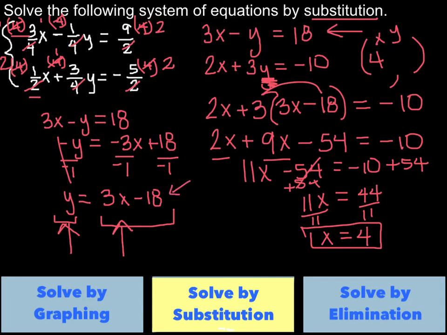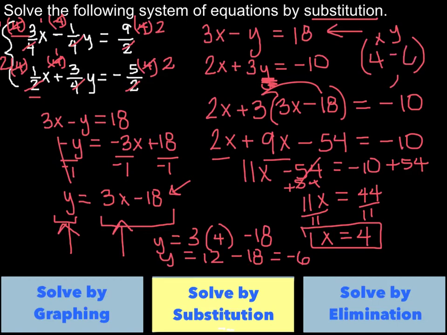So it's actually right here. I'm just going to do it right here. So I have y equals 3x, which was 4, minus 18. So y is 12 minus 18, which is negative 6. Alright, I got my answer.